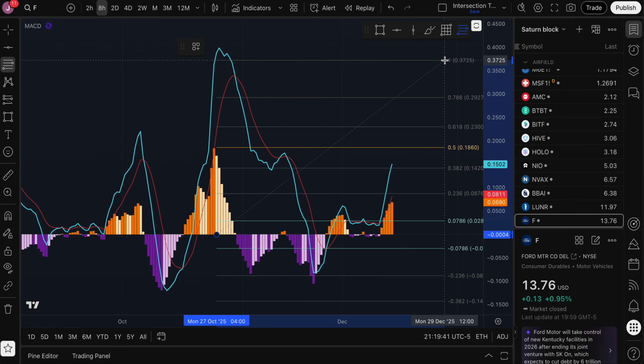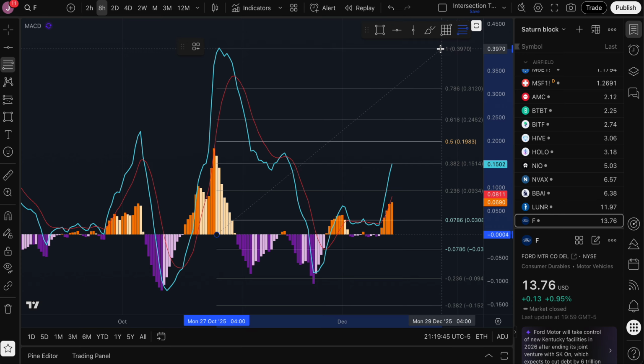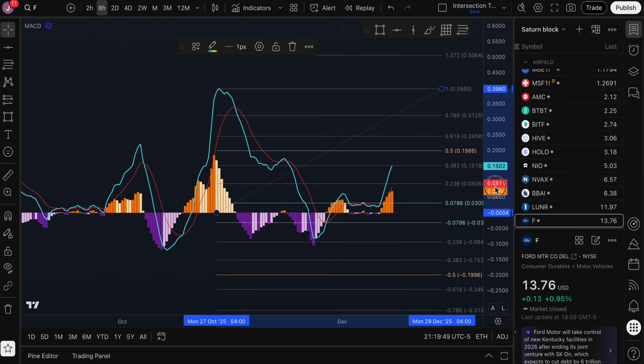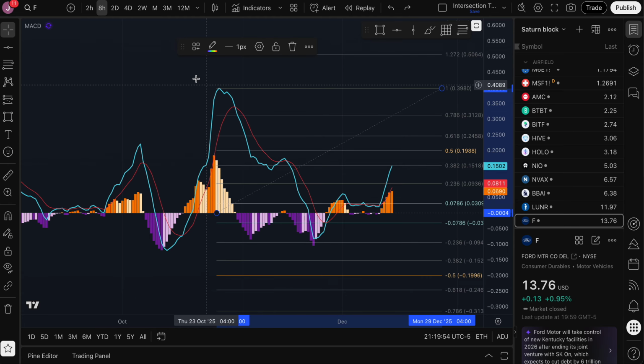So I like to go to the most recent high point on the 8-hour. And this basically just gives me a sense, hey, is MACD or whatever I'm looking at following a certain pattern.